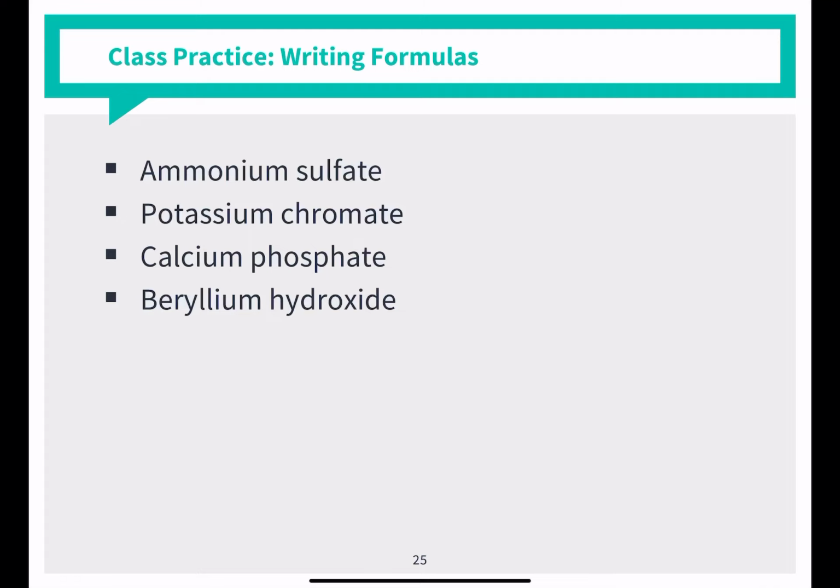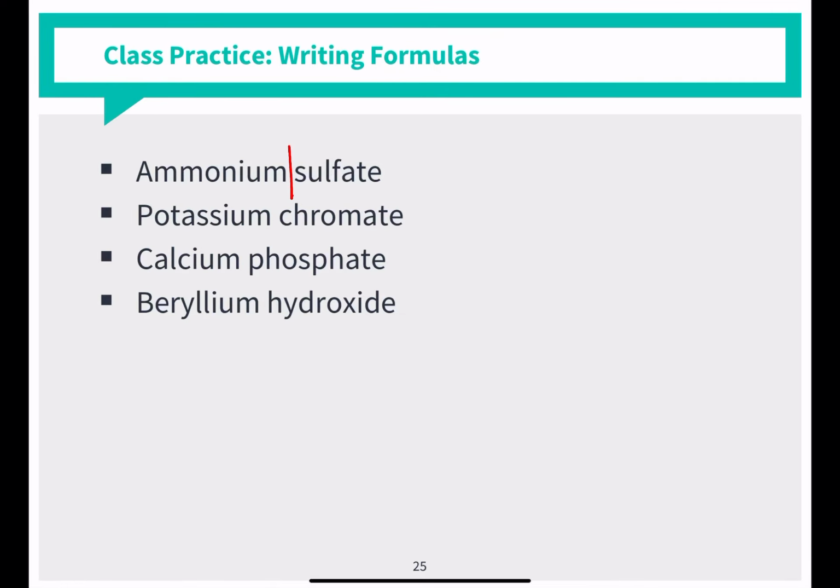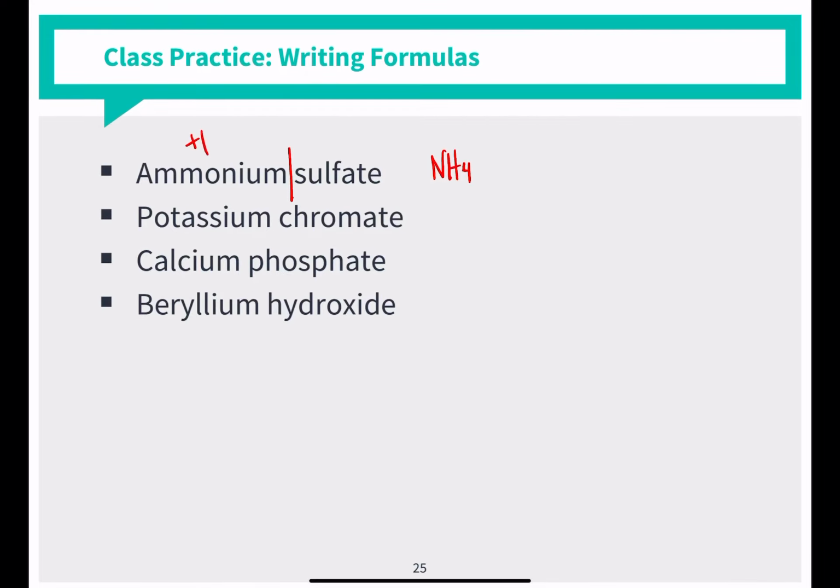So, this first one, we have ammonium and sulfate. Ammonium is going to be written as NH4. Okay? That's got a positive 1 charge on it. Sulfate has a negative 2 charge. So, in order to balance that charge, I can crisscross my charges and put a 2 there on ammonium.